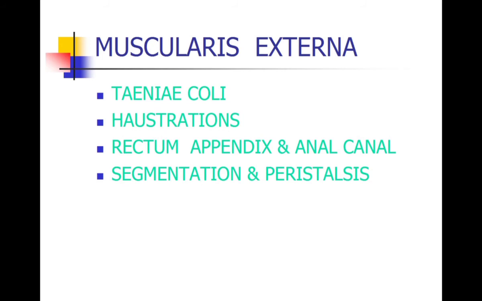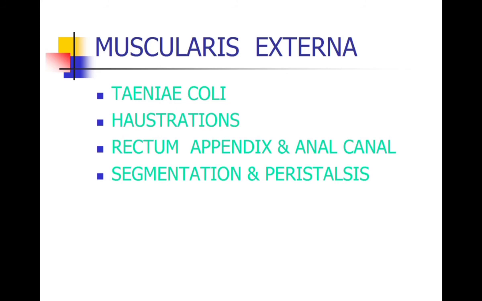But here in the outer longitudinal layer of the muscularis externa of the colon, there are three areas where the outer longitudinal layer has gathered the muscles together to give rise to thick bands which are equidistant from each other, and they are known as the taenia coli. And these taenia coli approach the base of the appendix.